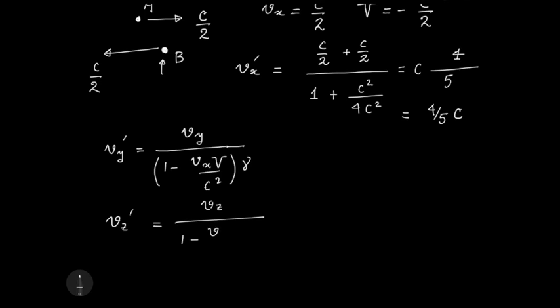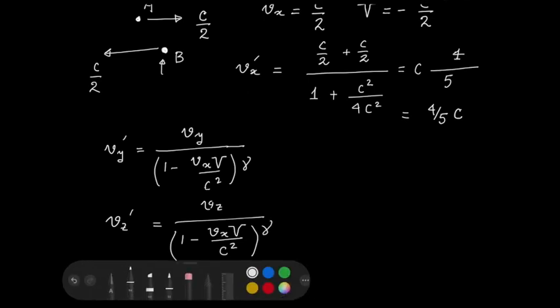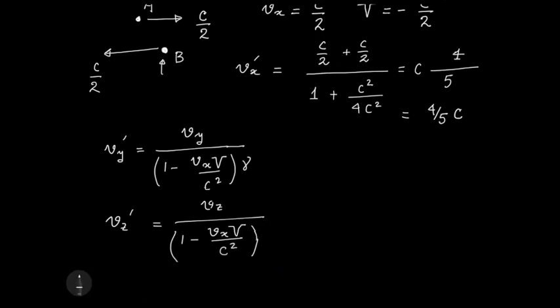So you see, because of the x velocity, the y and z velocity changes. What will this amount to? This is not to the power gamma. My writing was not proper, so this is times gamma.